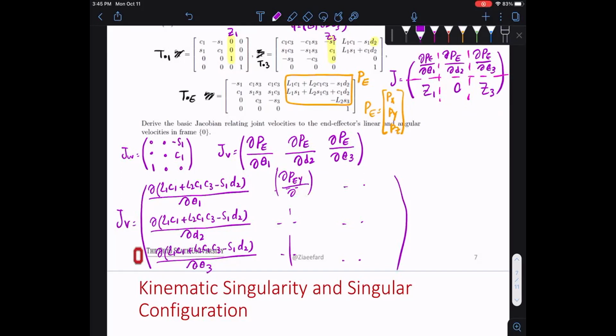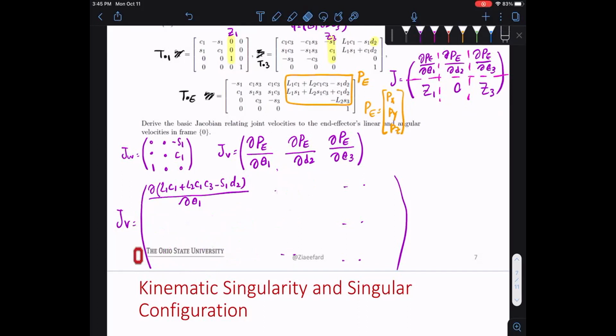Did I do it wrong? Yes, yes. I know. Okay. I already know what I did. Okay, let's just write the whole thing. L1 sine 1 plus L2 sine 1 C3 plus C1 D2. So this is the second subfunction with respect to D2. Then third is negative L2 S3 with respect to theta 3.